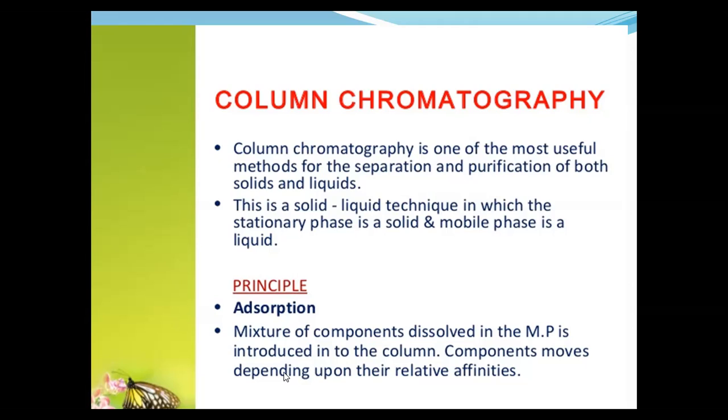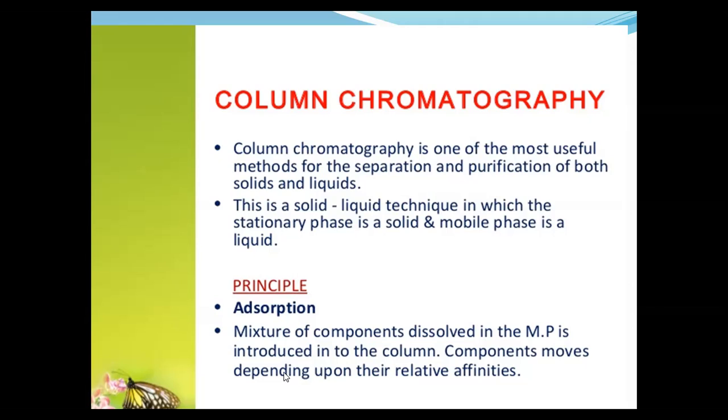These components are dissolved in our mobile phase or solvent, and we get a solution, which is introduced on the column. Then due to gravitational force, these components diffuse through our stationary phase.